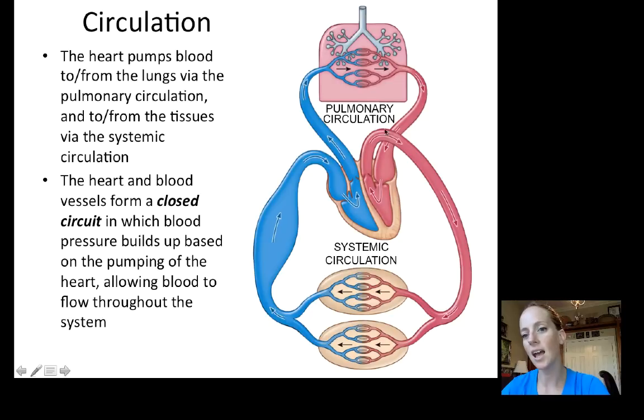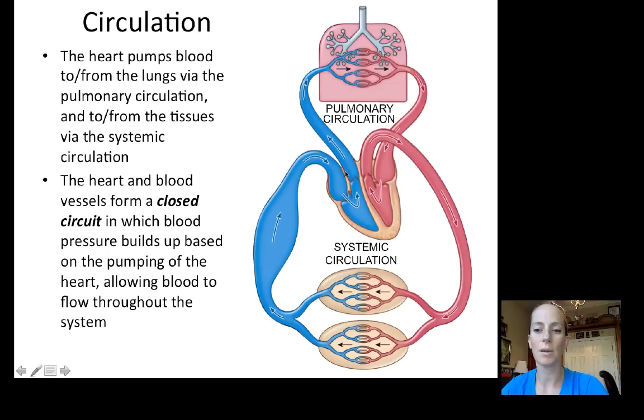Just like any other closed circuit that involves fluid dynamics, any break in the circuit or leakage of fluid can seriously damage the ability for the blood to get out to the tissues. In addition, we need to have a functioning pump.